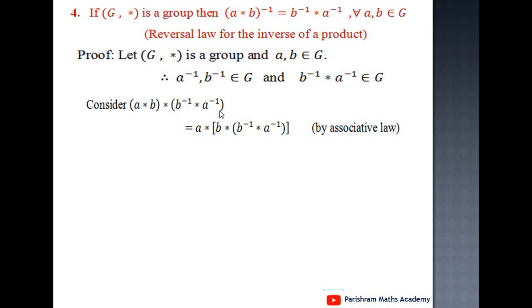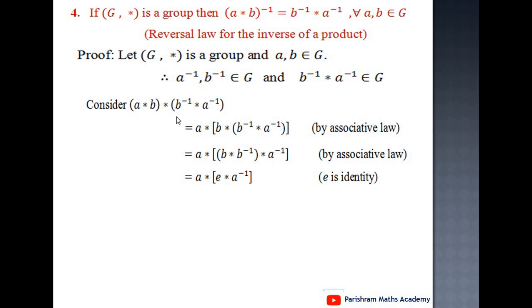We can consider this element, then equal to, by the associative law, A star, then in bracket, B star, in bracket, B inverse star A inverse, because G is a group, the associative law is satisfied.